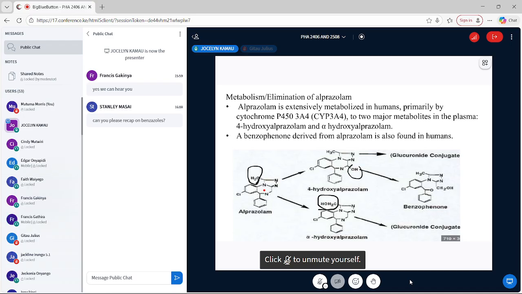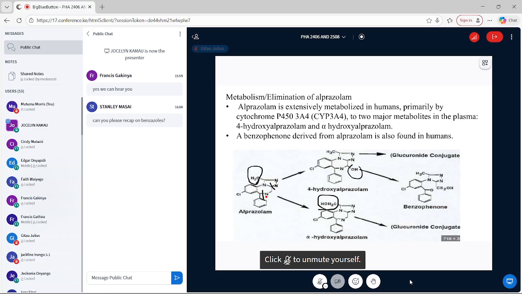Whenever you have an imine, when the cleavage occurs, you lose the nitrogen, and the nitrogen is replaced by an oxygen, resulting in oxidation to an alcohol. So we can also get the benzophenone.